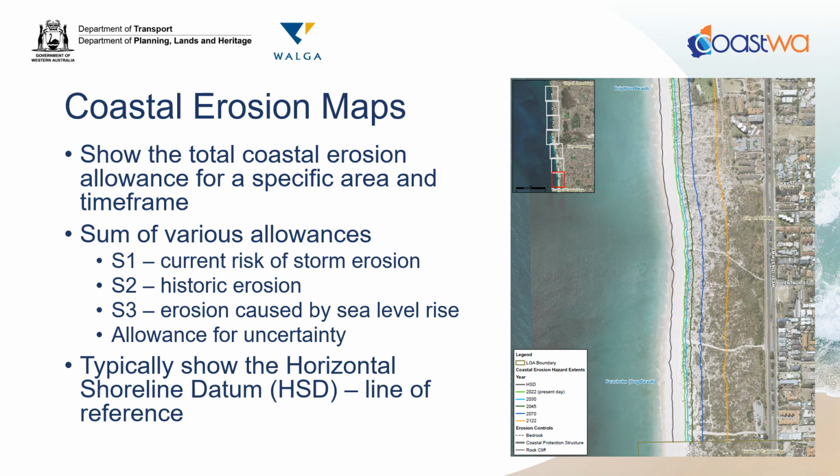They're all summed up and you get a total distance, which is measured from the horizontal shoreline datum, or HSD, and that's the reference line in all of these maps. And that distance back is then where those lines are presented. So the example which is shown on the right-hand side here, the HSD is the most seaward line, and each of the individual hazard allowances are then measured back from that.